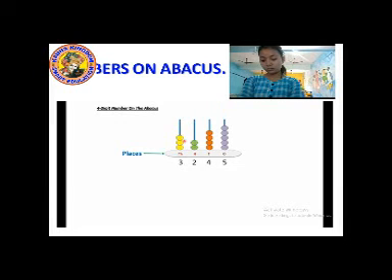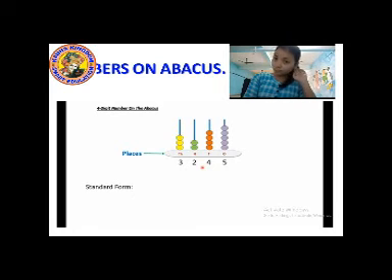Now what is the number? Now we got the number, that is 3245. Let's write this numeral in standard form. The standard form of this numeral is 3245. Let's find the place values.